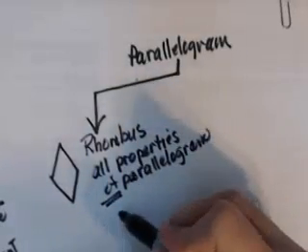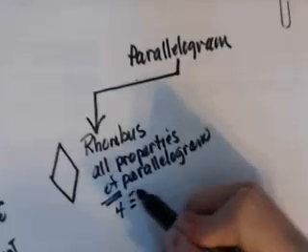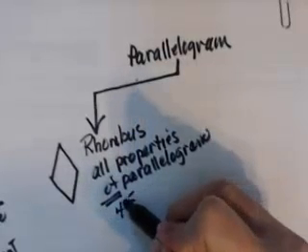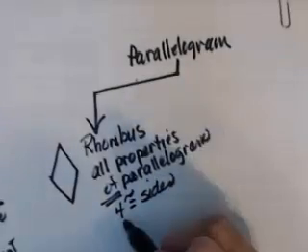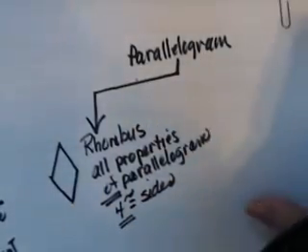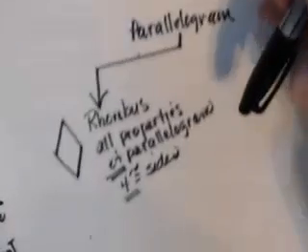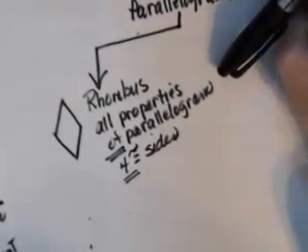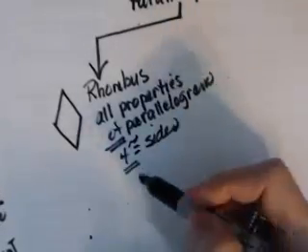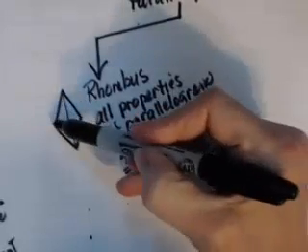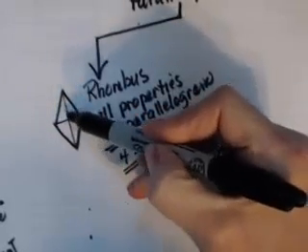And that is, it has four equal sides, or we could say congruent. Now something else that the rhombus has that a typical parallelogram does not have to have, and that is its diagonals are perpendicular to each other.